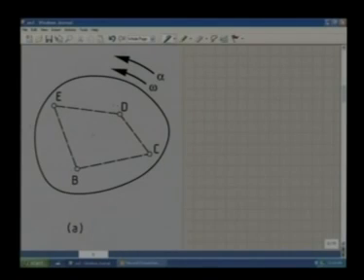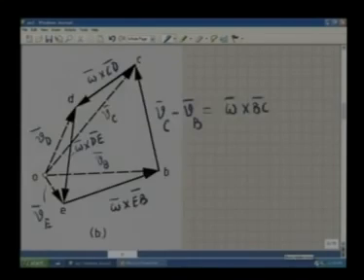In the configuration diagram, we had a quadrilateral BC, CD, DE, EB. We go back to the velocity diagram, we again have bc, de, and let us see the ratio of these sides of these two quadrilaterals in the velocity diagram. Small bc is omega cross capital BC, small cd is omega cross capital CD, small de is omega cross capital DE, and eb is omega cross capital EB.